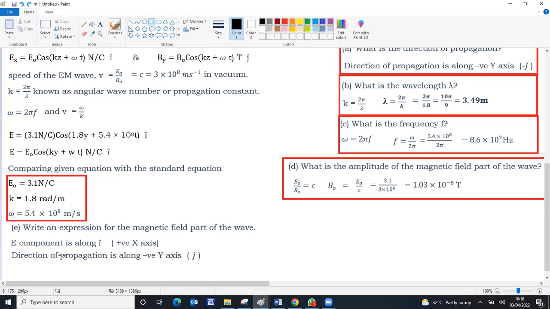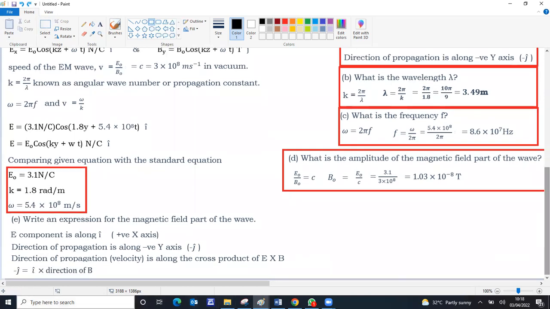So we have a concept, the direction of propagation will always be along the cross product of electric field component and magnetic field component. Velocity is along the cross product of E and B. Out of that, E is given as i. B we don't know, but the result should be along minus j cap, because velocity is given as minus j cap. So velocity direction is minus j, that we get from the cross product of E with i, and direction of magnetic field we don't know, we need to identify that.